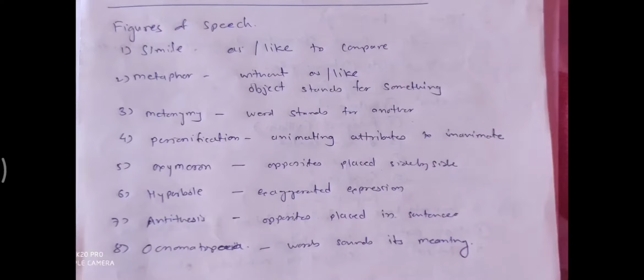Suppose the wall does have ears, म्हणजे भिंतीला कान असतात. So भिंतीला कान असतात, कान म्हणजे ऐकणं. भिंती कधी ऐकतात का? No. But human attributes are applied to non-human things. See, so like this.